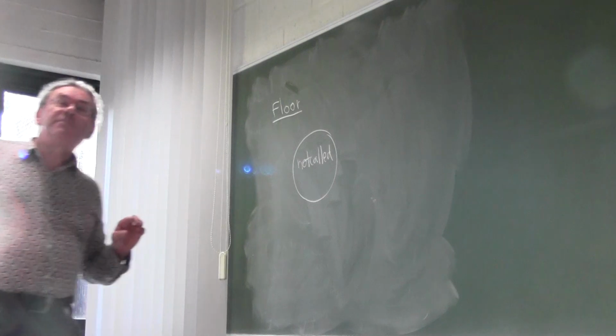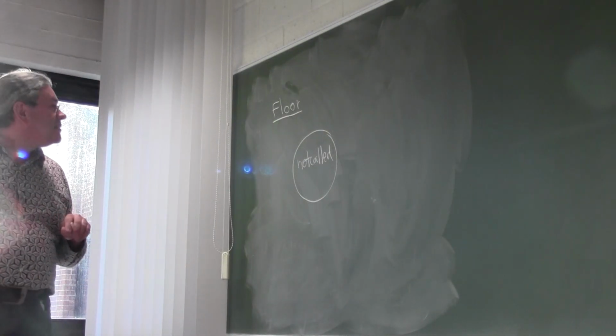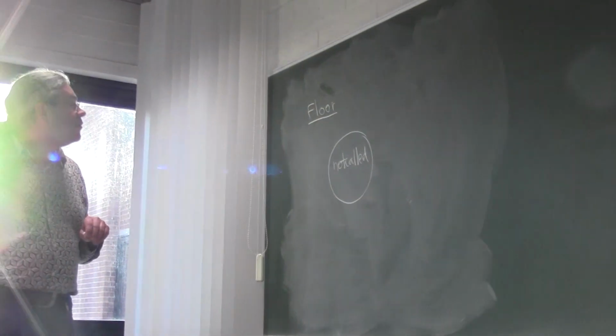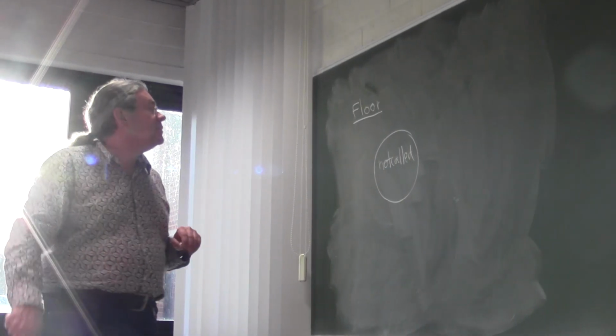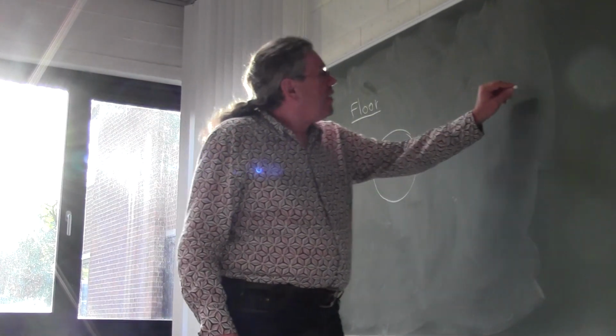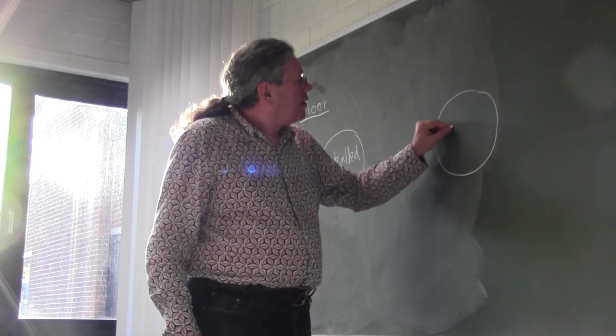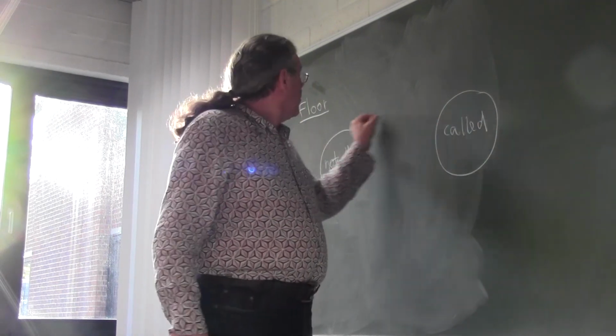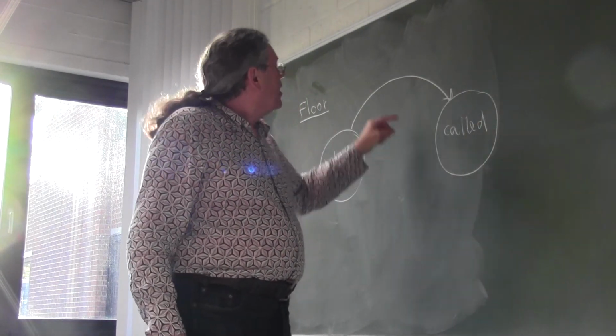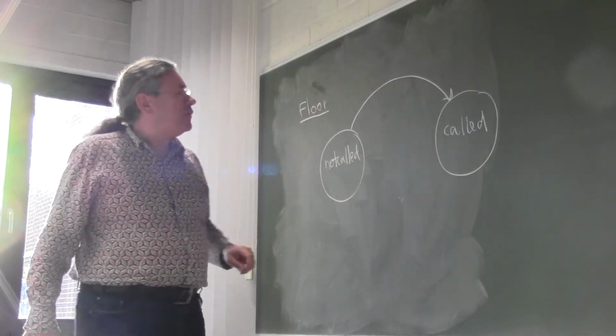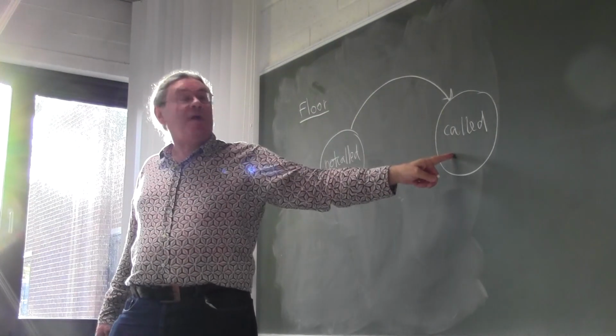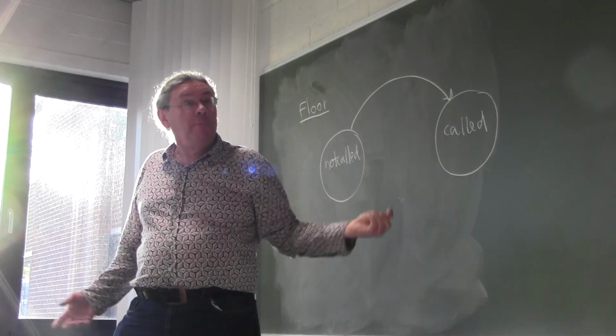But then somebody comes and upsets the poor floor, it's just minding its own business, and presses the button. Well, then the floor has to call a lift. So there's a state transition. Let me write later what it does on this. So the floor can go into the state where it's waiting for a lift to come.